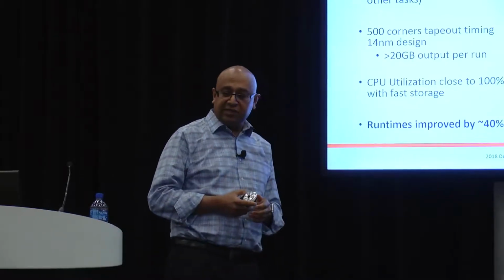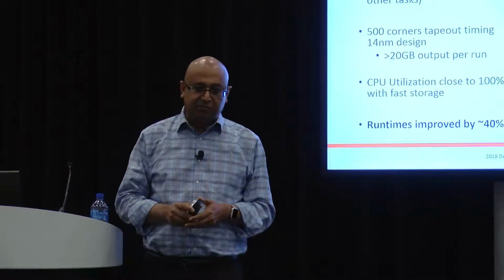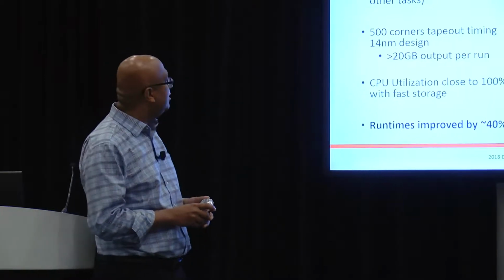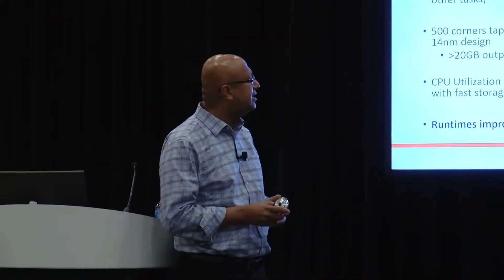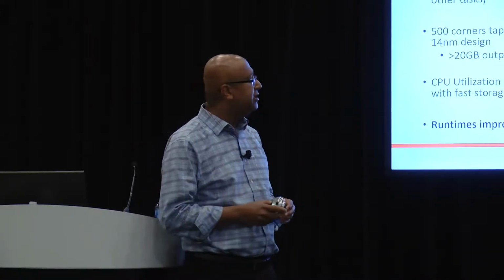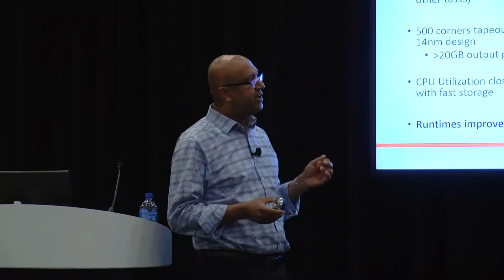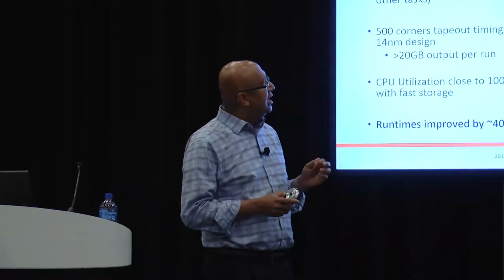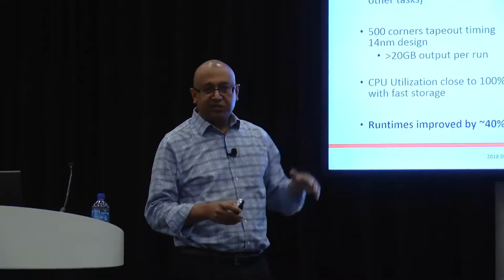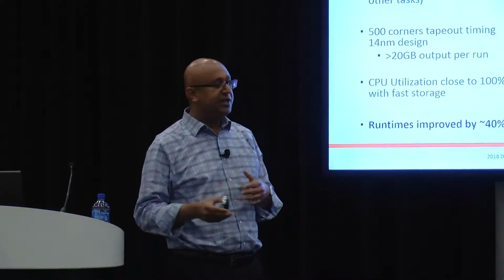This is an example from one of our customers who was doing tape-out timing on a pretty big design. It was a 14 nanometer or 10 nanometer design, and they were running 500 corners of tape-out in that grid. They shared this graph with me. Ignore the red line. I don't really know what that means; they never told me what it meant. But the green line indicates their CPU resource utilization inside their compute farm. 70% is the max here because 30% of the cores were reserved for something else.